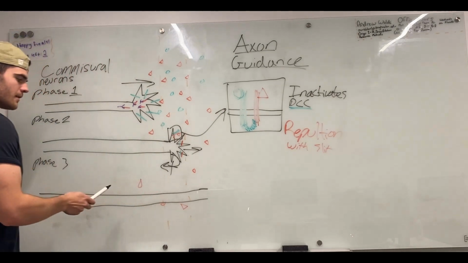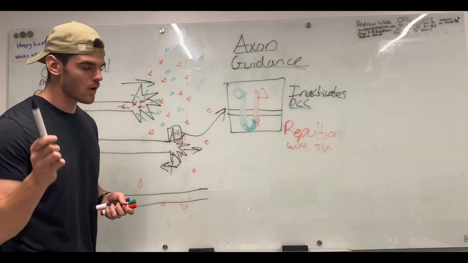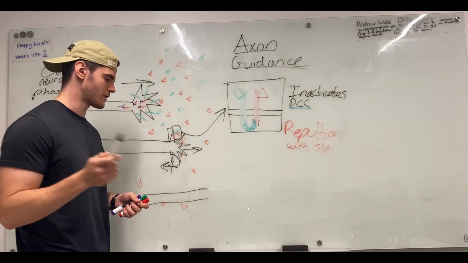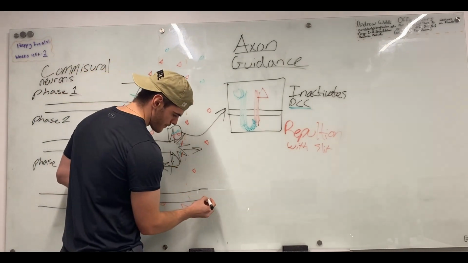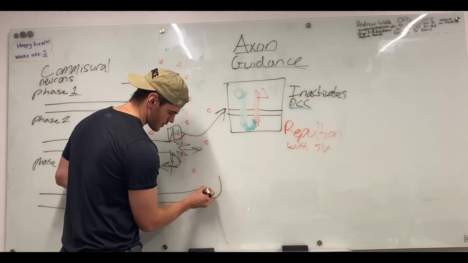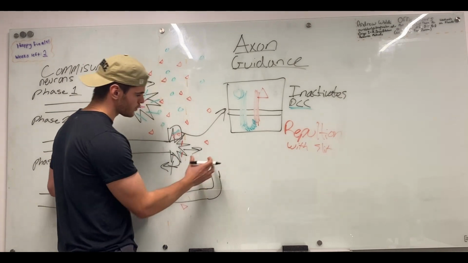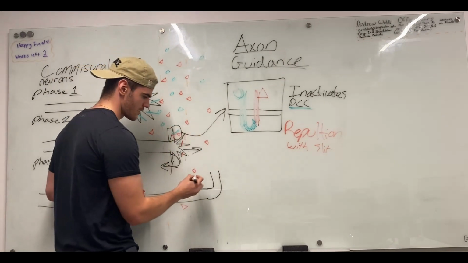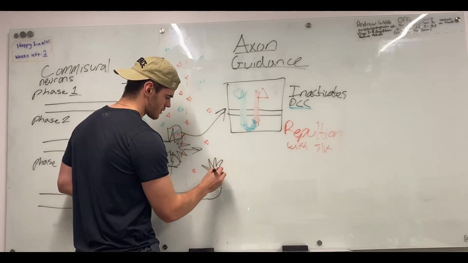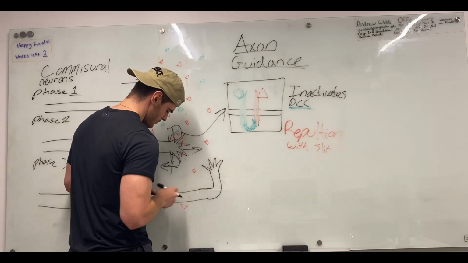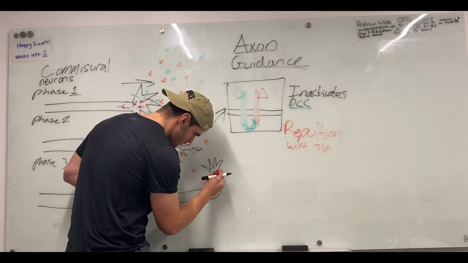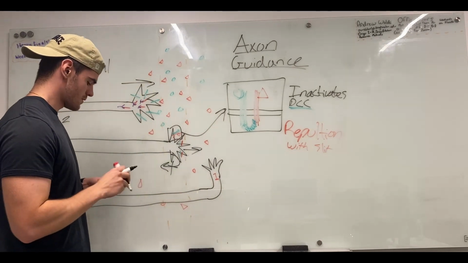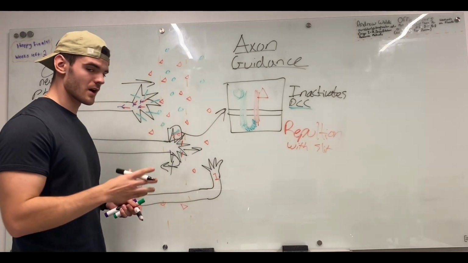If an axon expresses only robo 1, that variation, then it can turn closer to the midline, the utmost medial side, okay? Turns closer.